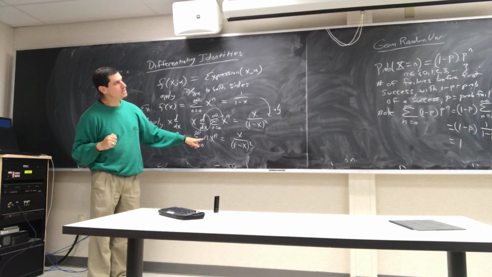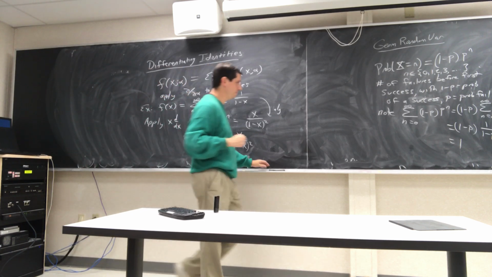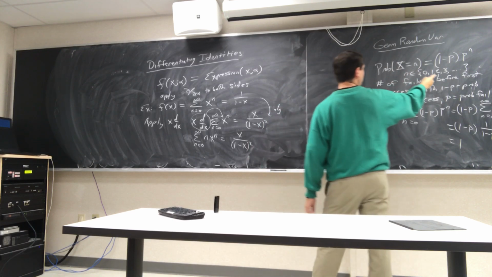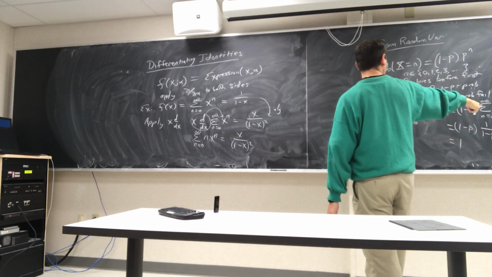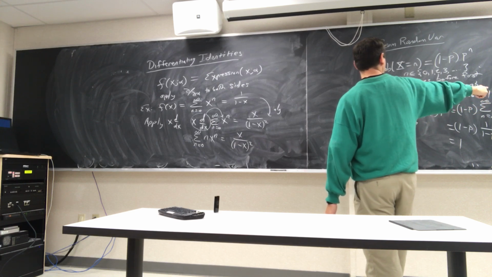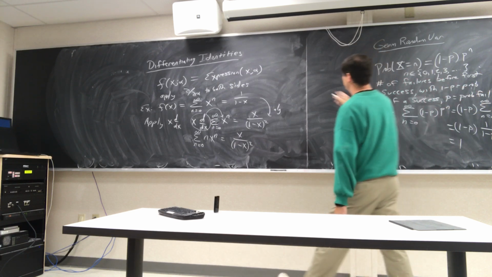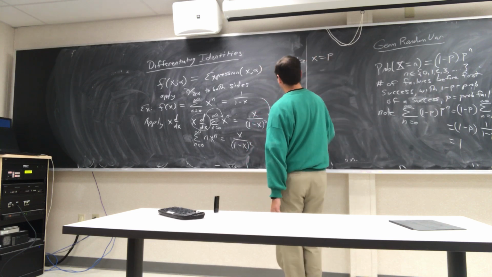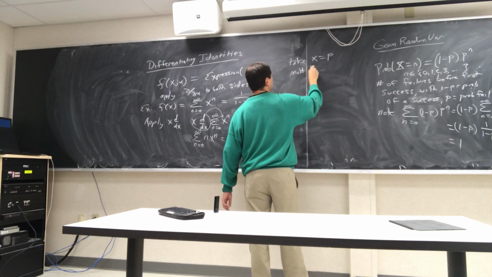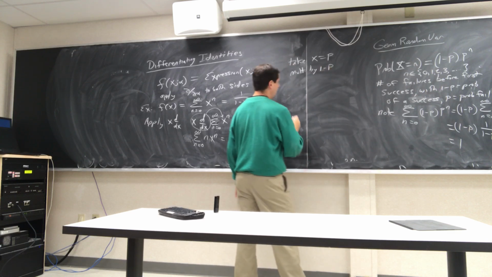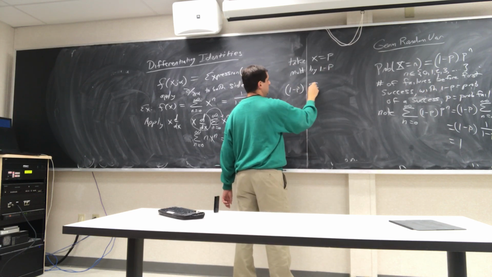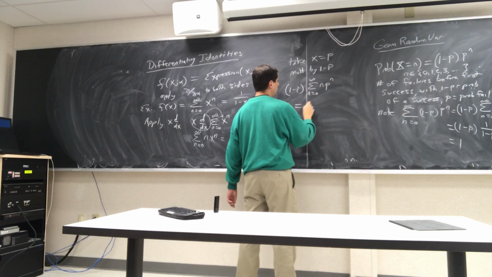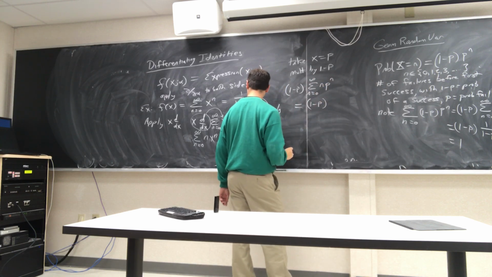And now, notice we can calculate the mean of the geometric random variable. So for instance, if we look at what we have over here, the mean was 1 minus p times the sum of n p to the n. So we take x equals p, multiply by 1 minus p, and we get 1 minus p times the sum from 0 to infinity of n q to the n, which is equal to 1 minus p times x over 1 minus x squared.